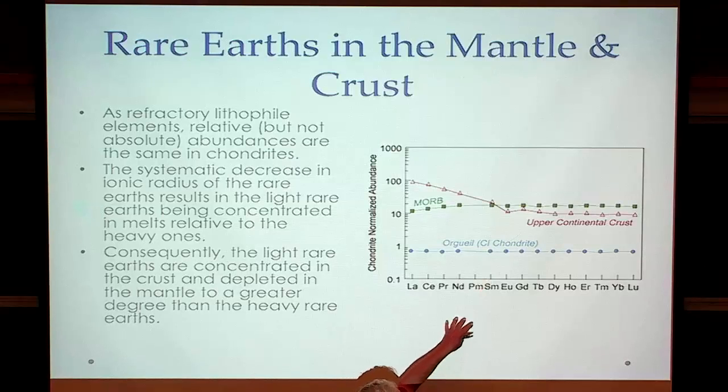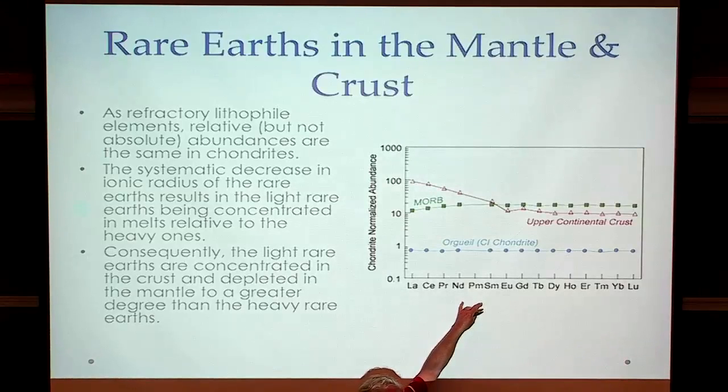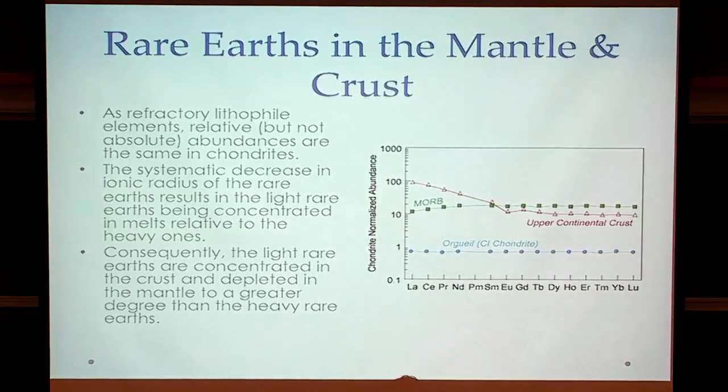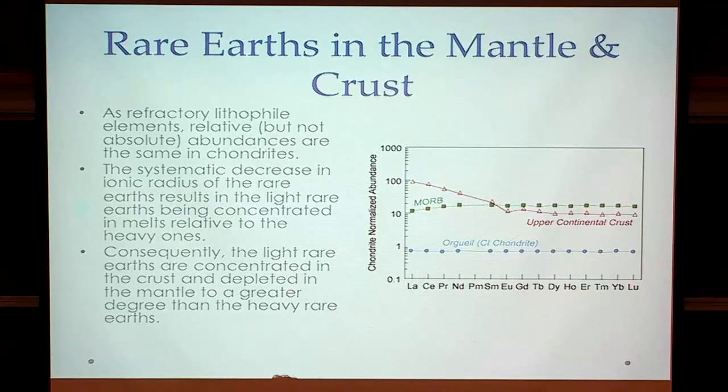But I also have to tell you that the difference we're talking about from chondritic is about 6%, so it's not really big. Again, we end up with the crust typically light rare earth enriched. The mid-ocean ridge basalt, which samples mantle from which melt has previously been extracted, is light rare earth depleted.